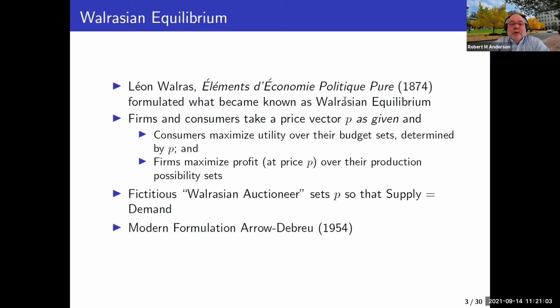Now, I think the key bullet on this slide is that P is set so that supply equals demand. And I think that is probably pretty accurate as a description of a modern industrial economy.